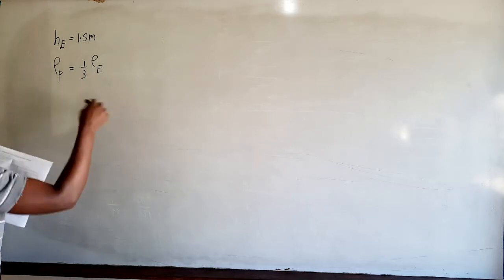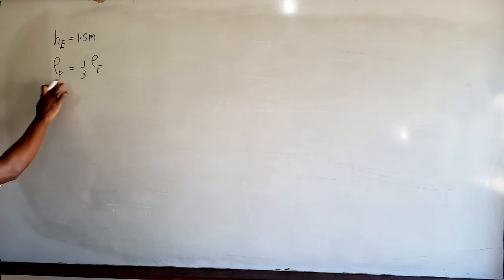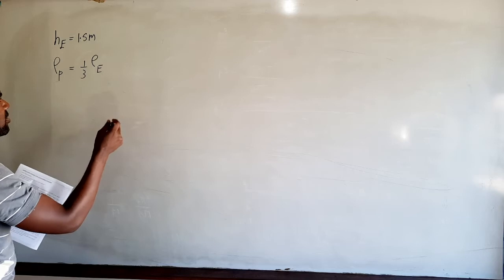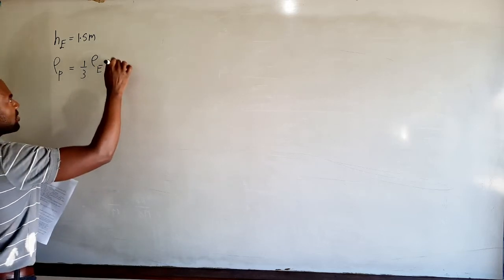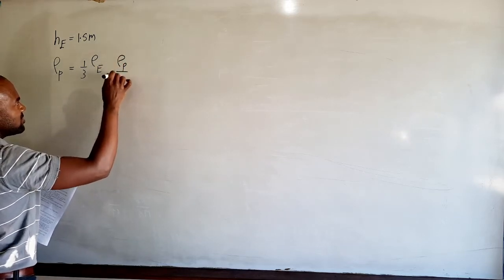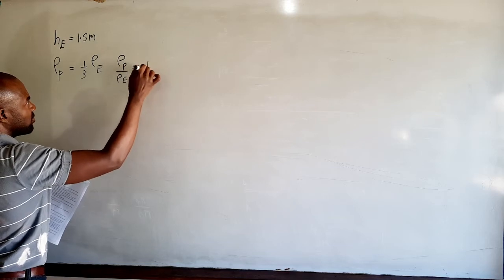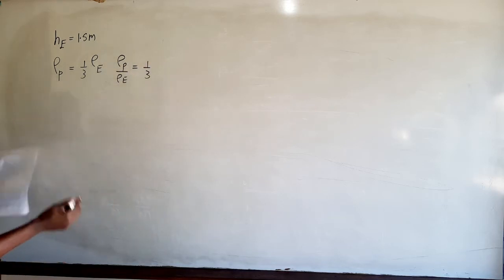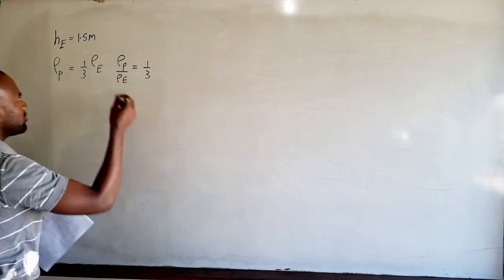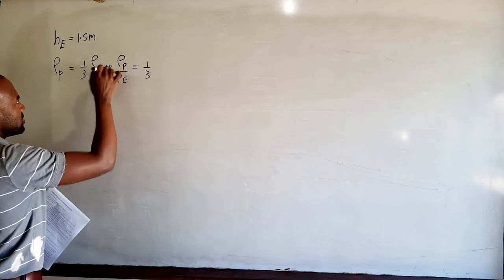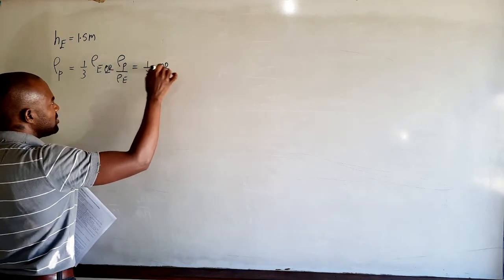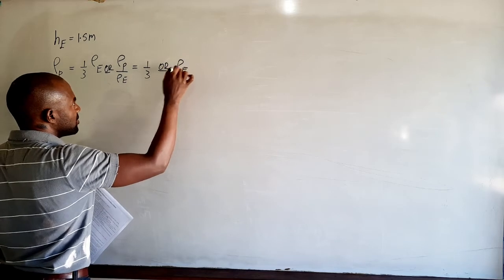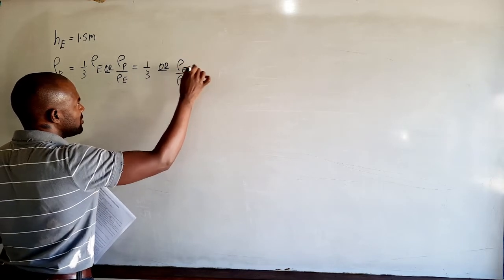We can switch this around a little bit. The density of the planet is equal to a third the density of the Earth, or we can say that the density of the planet over the density of Earth is equal to a third. Or we can flip it around and say that the density of the Earth divided by the density of the planet is equal to 3.